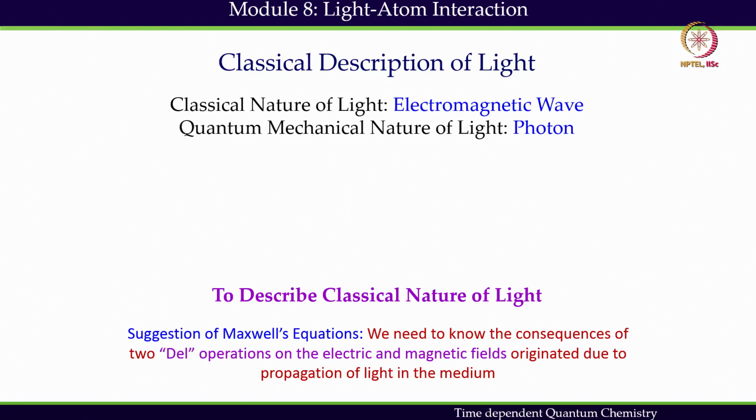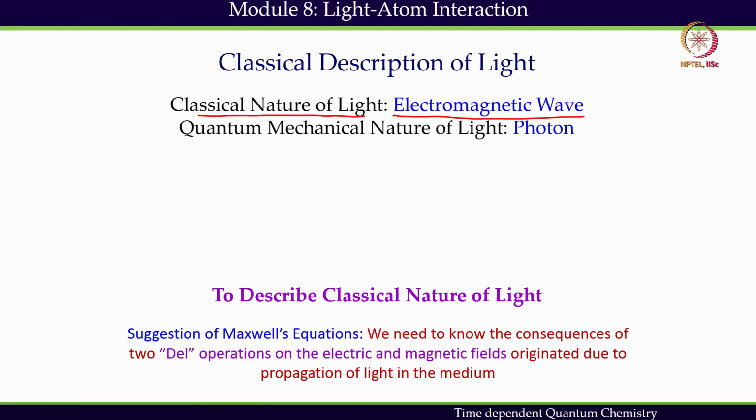Certain phenomena such as interference exhibit the wave nature, and in that case light exhibits both electric and magnetic fields, and this is the classical nature of light. So, the classical nature of light is nothing but an electromagnetic wave. When I am describing light as an electromagnetic wave, I am assuming that light is behaving classically.